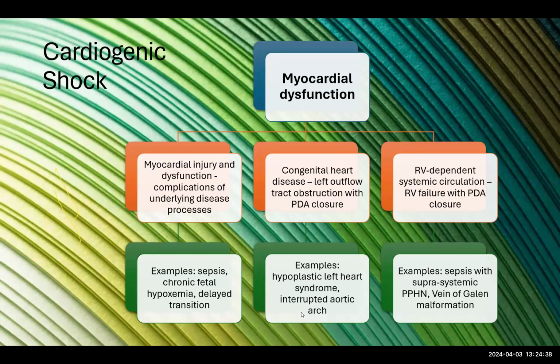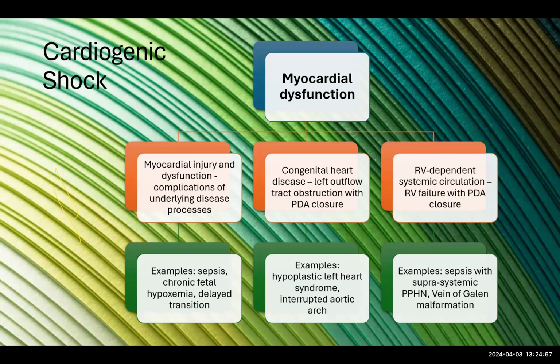Cardiogenic shock. Myocardial dysfunction is not uncommon. The common scenario is, for example, with sepsis, for those infants with frank sepsis, endotoxins may have some negative impact on myocardial contractility.